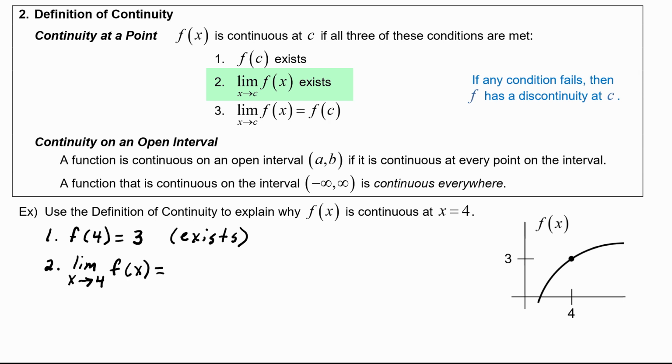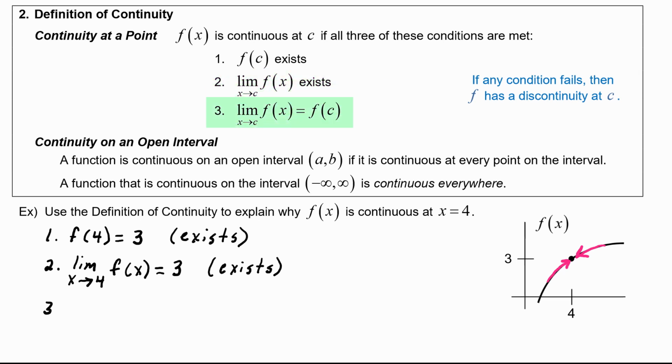Now remember that this is a two-sided limit. So as we come into 4 from the left, we see that the y value is approaching 3. As we come into 4 from the right, the y value is also approaching 3. So this limit equals 3, which means it also exists. And now we've satisfied step 2.